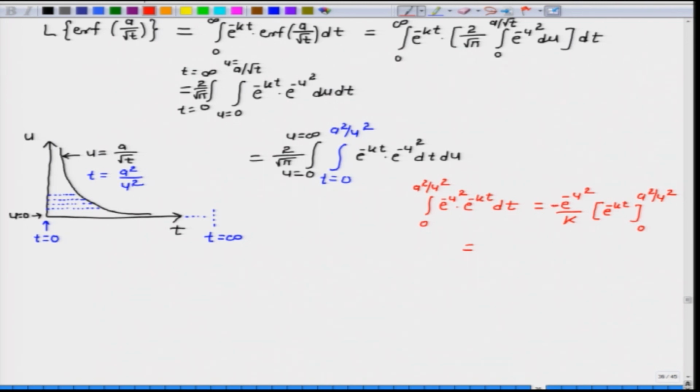And there will be a minus sign here because the constant is minus k here. So, if we substitute for t equal to 0, this becomes 1, and for t equal to a square by u square, this becomes e to power minus k a square over u square, and with this negative sign outside, if we remove it, it becomes e to power minus u square by k times 1 minus e to power minus k a square by u square.